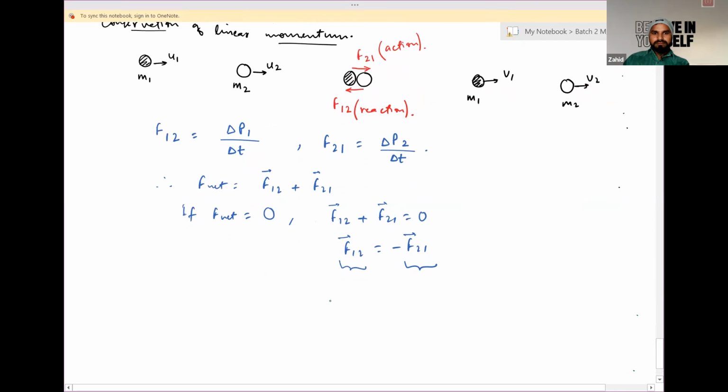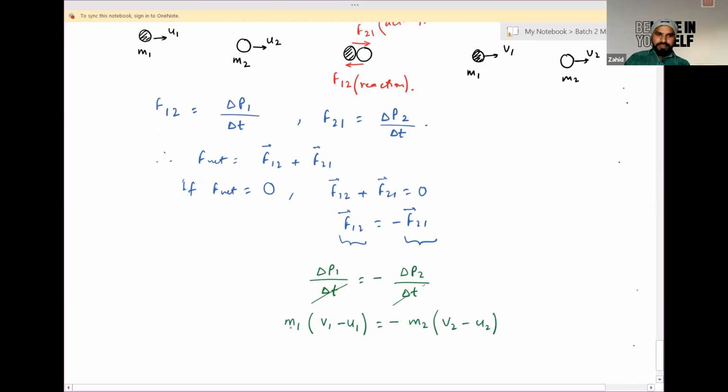Now, if you put in the values of these two terms, F12 equals change in momentum of first with respect to time, minus F21, change in momentum of second with respect to time. Now this delta t and this delta t will cancel out. Change in momentum of first body will be mass times change in velocity, so m1 (v1 minus u1), minus the change in momentum of second body, m2 (v2 minus u2).